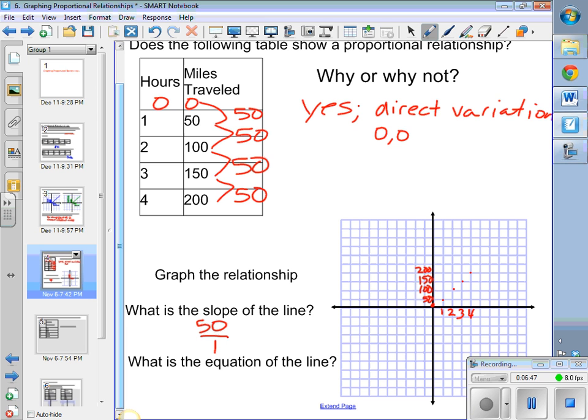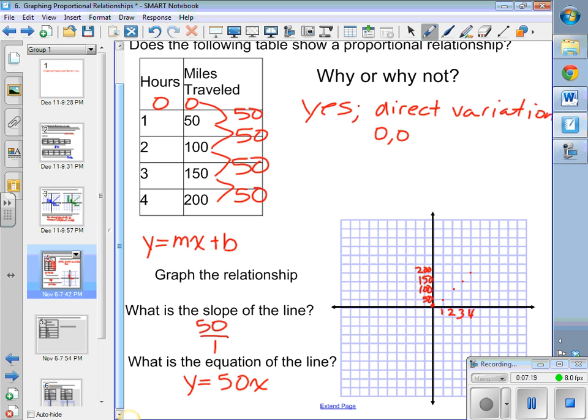And the equation of the line would be y equals, so think of mx plus b. My b would be 0, so it would be 50x. Okay? Remember, y equals mx plus b is our equation for finding a line. b is our y-intercept, m is our slope.